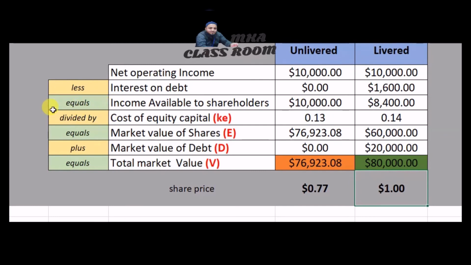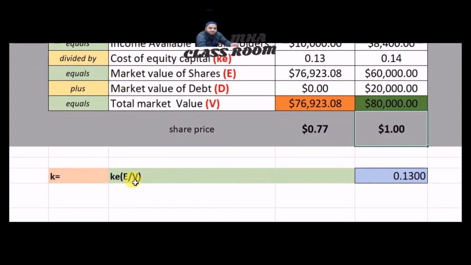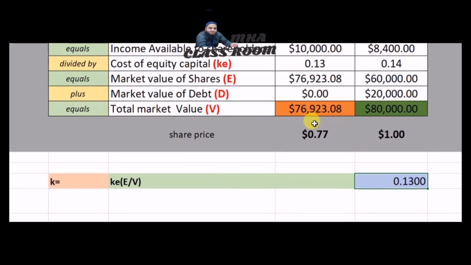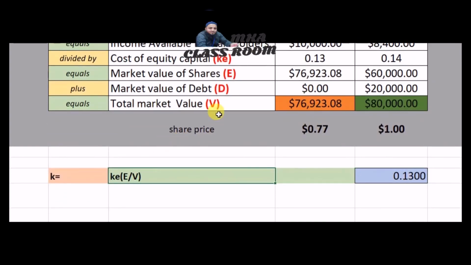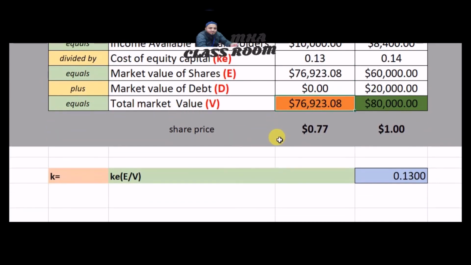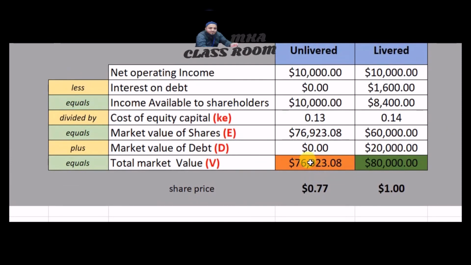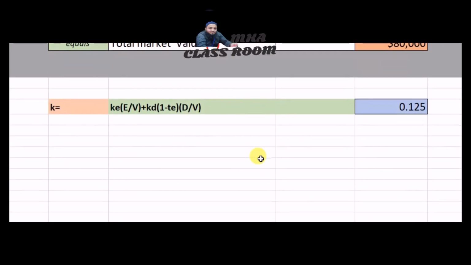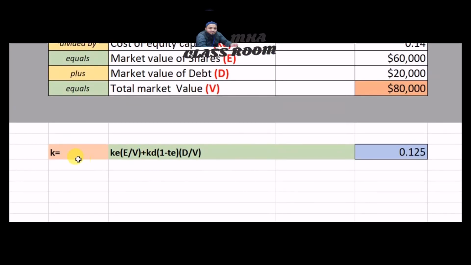Now what about our cost of capital, the weighted average cost of capital? That should be 13 for the unlevered company, that is KE, the cost of equity. Here the cost of equity is the market value of shares divided by total market value, that is 13 for our unlevered company's cost of equity, whereas the levered company's cost of equity is 0.125.